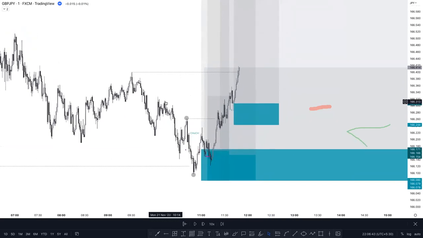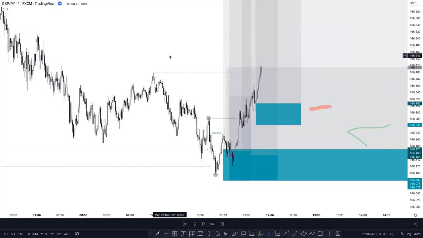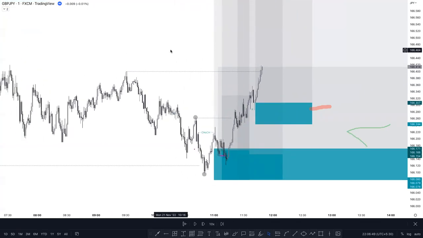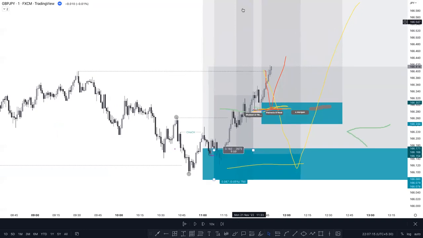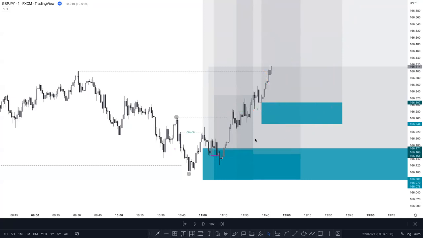Okay, and now you can see the previous high broke, and at which point are you looking for a buy right now, everyone? Which low must be taken out before going high? Okay, now let's see.